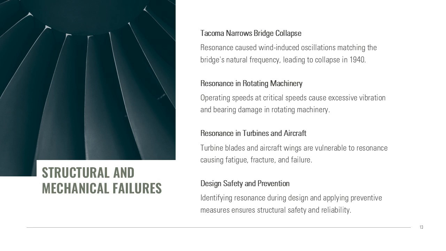In rotating machinery, resonance can occur when operating speeds coincide with critical speeds, causing excessive vibration and bearing damage. Turbine blades, aircraft wings, and engine components are also susceptible to resonance, which can result in fatigue and fracture. These cases highlight the importance of identifying resonance during design and implementing preventive measures to ensure safety and reliability.